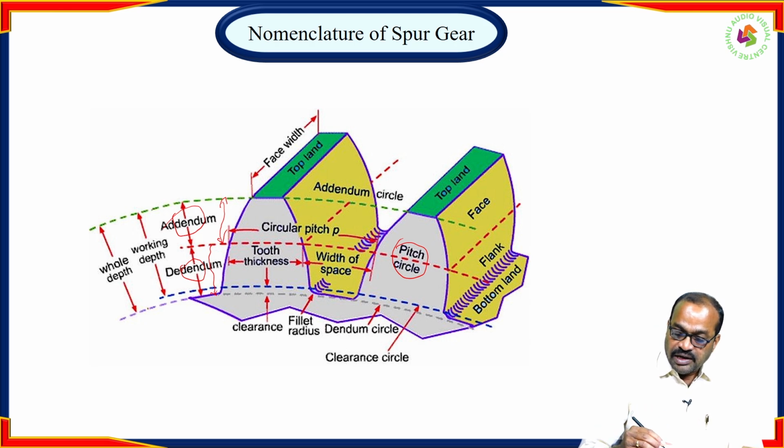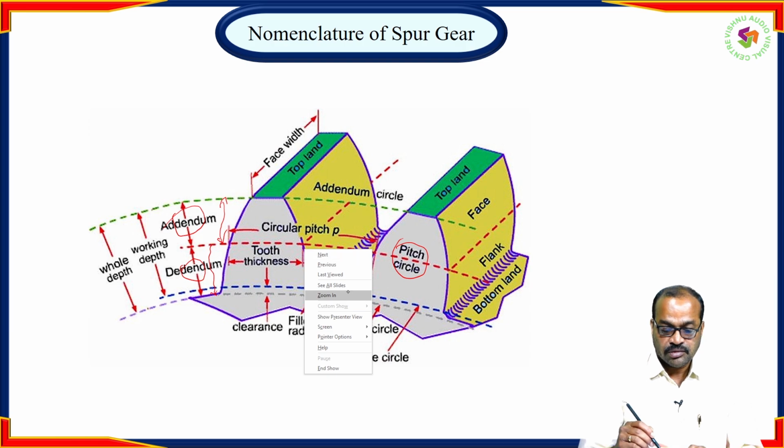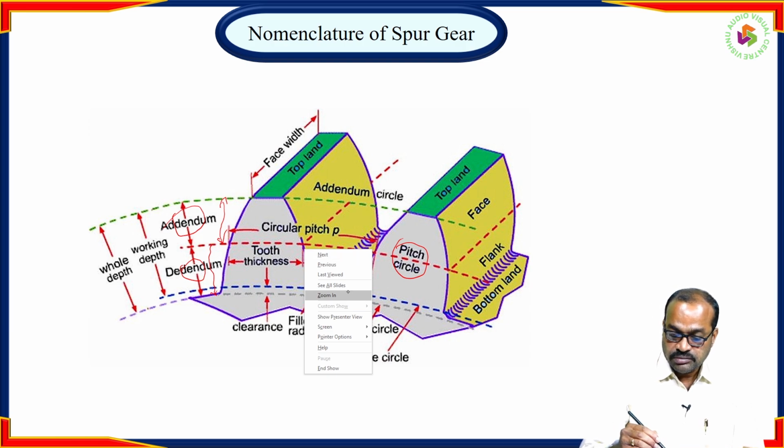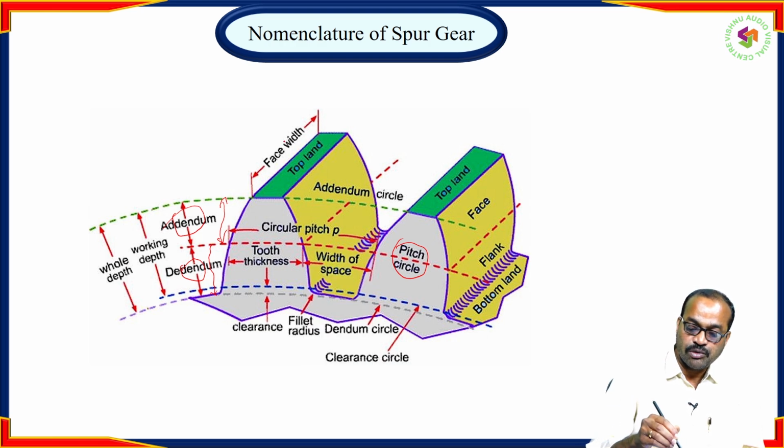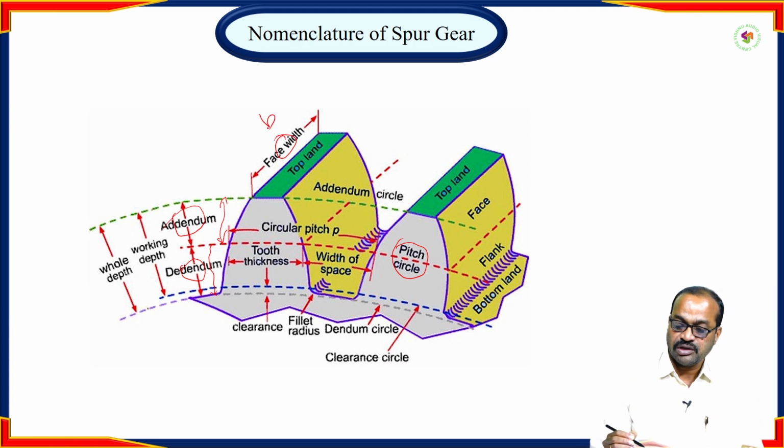Next, the gap between the first tooth and the second tooth is called the width of the gears. Another parameter you can see is the face width, B. We call it B, face width.